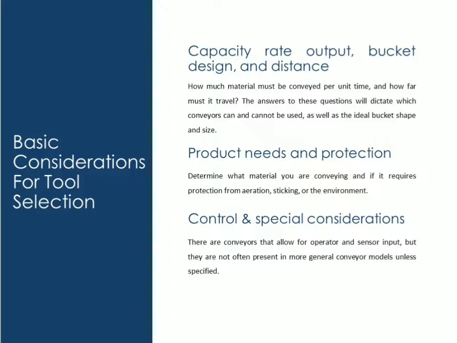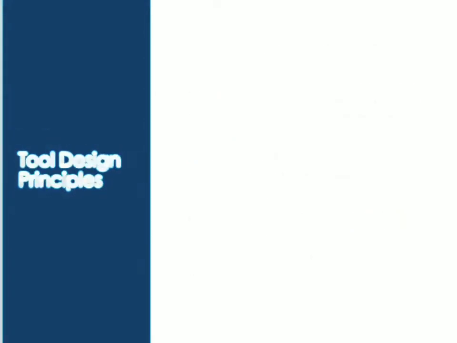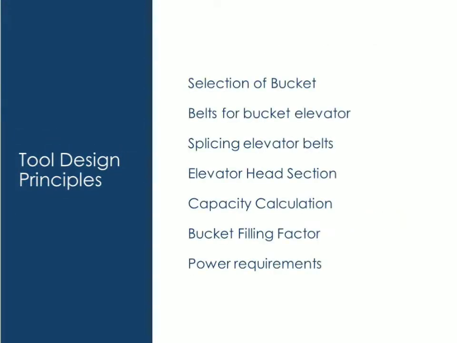Second, product needs and protection. Determine what material you are conveying and if it requires protection from aeration, sticking, or the environment. Last, control and special considerations. There are conveyors that allow for operator and sensor input, but they are not often present in more general conveyor models, unless specified.